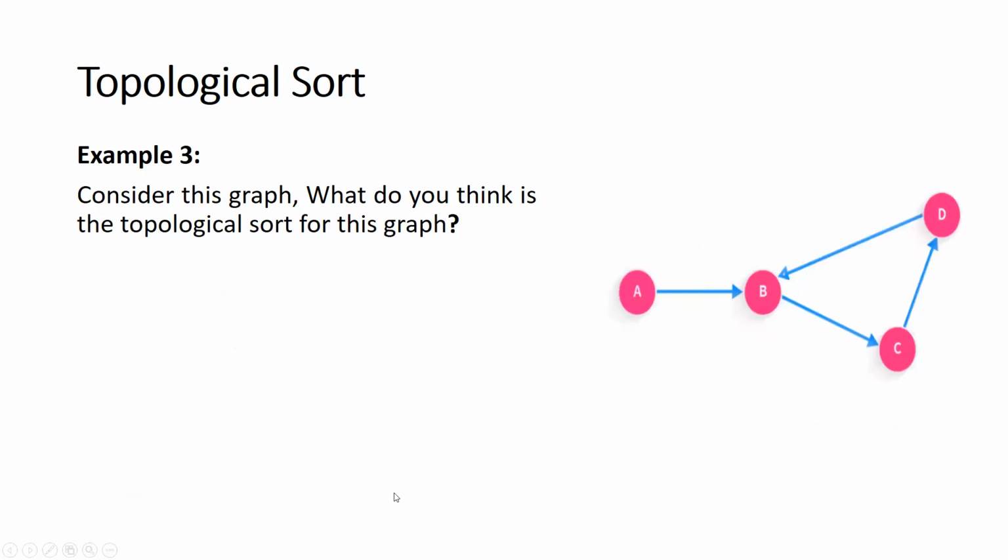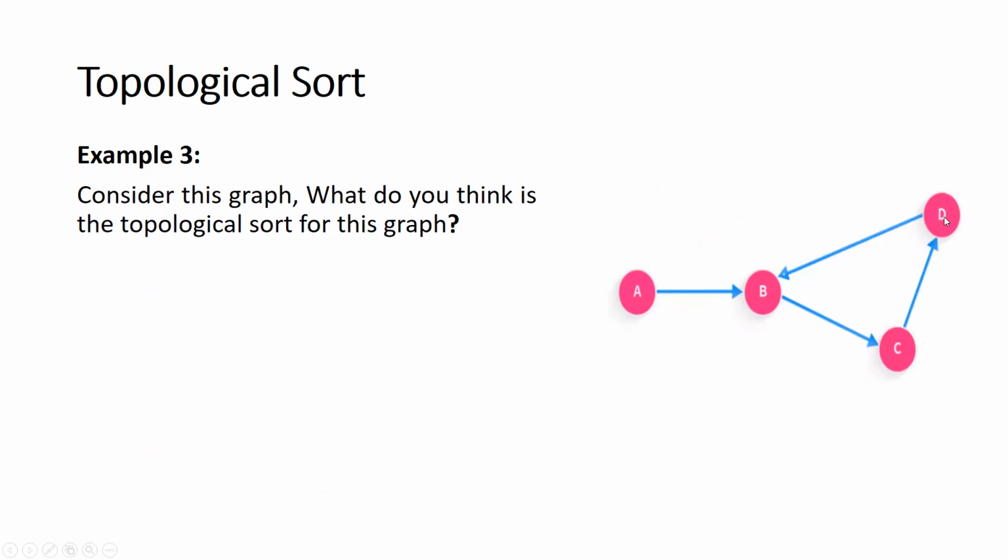Okay, let us examine this example. What do you think is the topological sort for this graph? As you can see, we cannot perform topological sort on this graph. Why? Because it has a cycle.